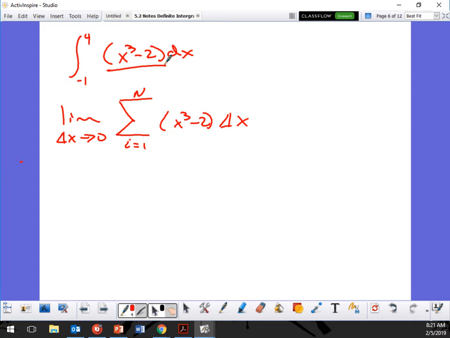Now if you think about my warm-up problem, how many parts did I have? 6 parts, right? So on that one, n would equal 6, and i would be my iteration for my first term.